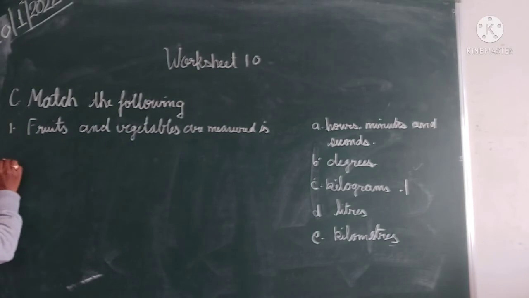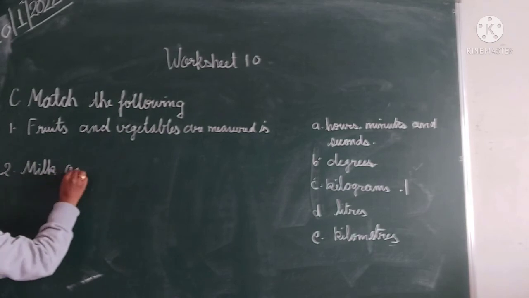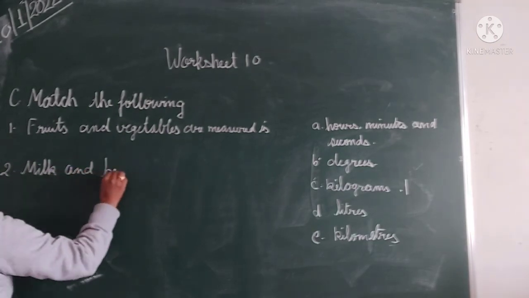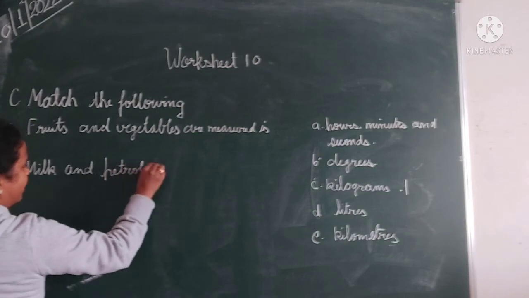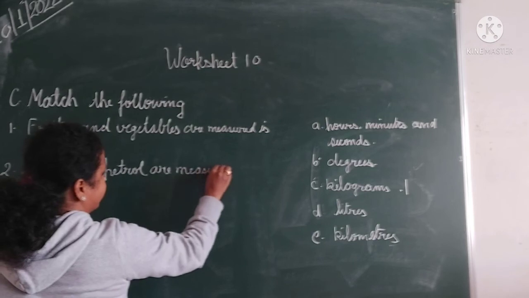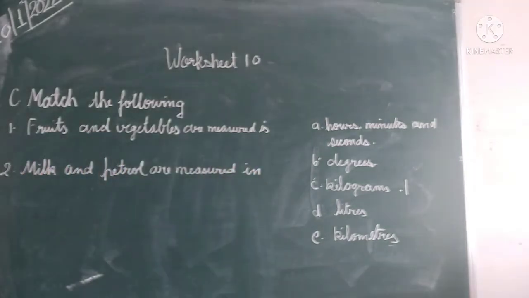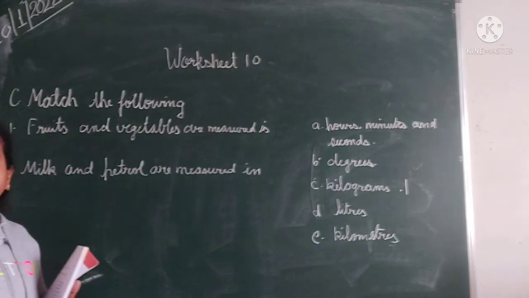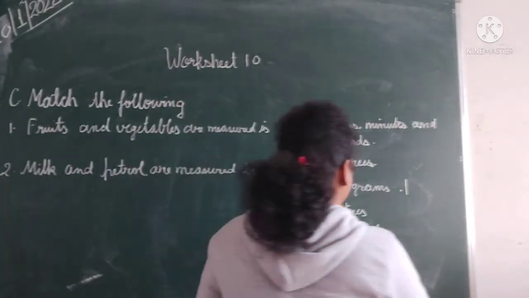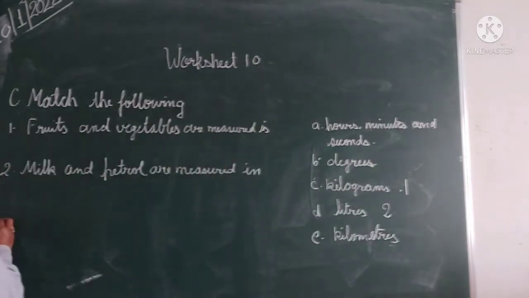Now see the second one. Milk and petrol are measured in. In which are they measured? As these are liquids, they will be measured in liter. Now see the third one.